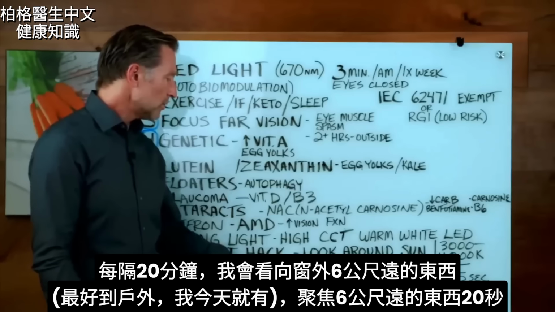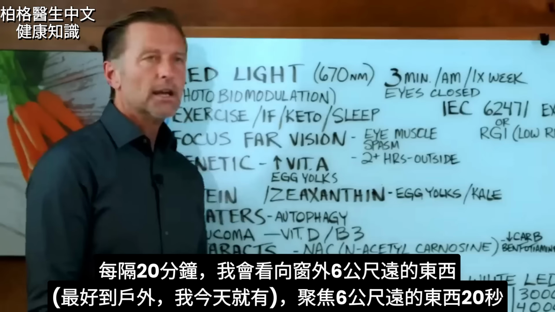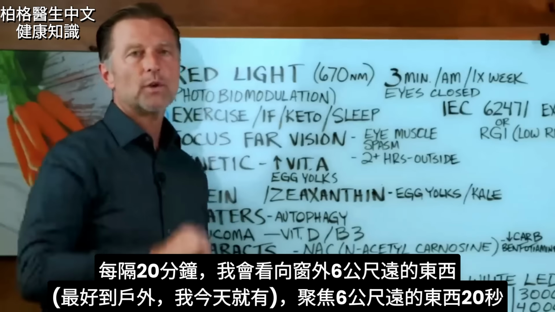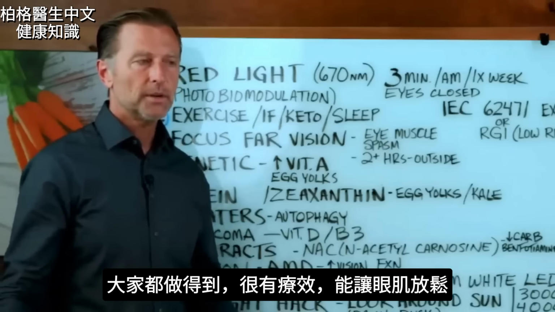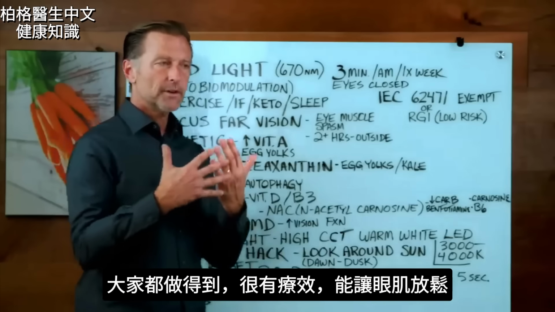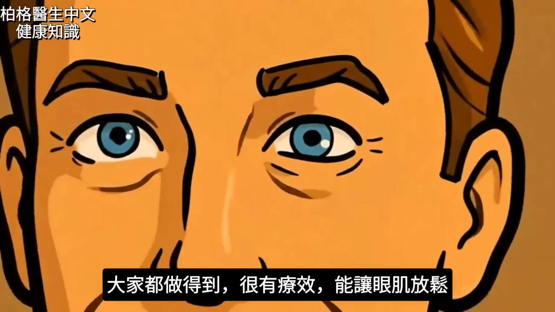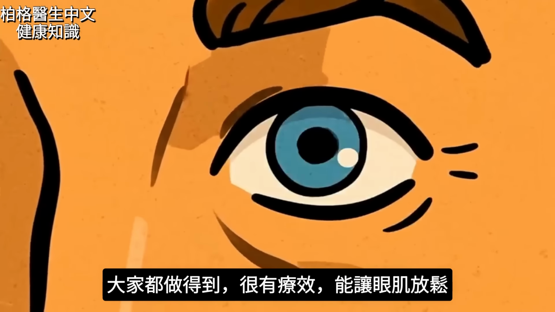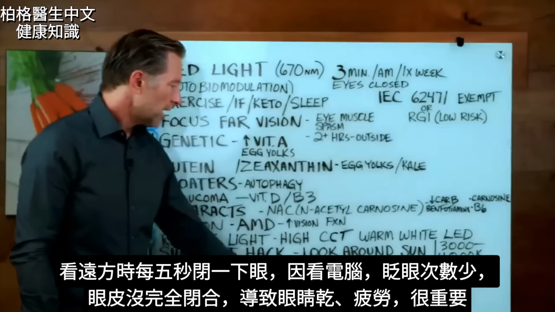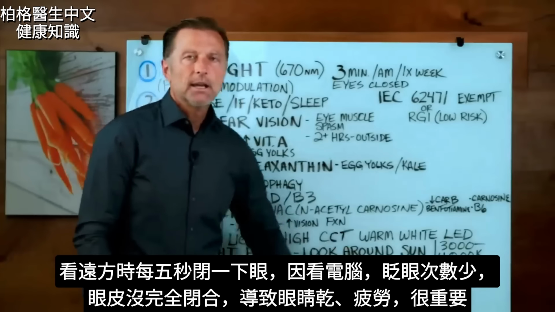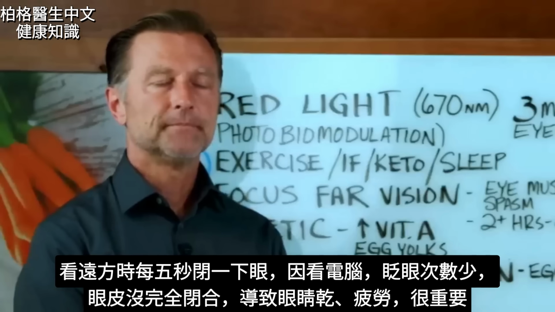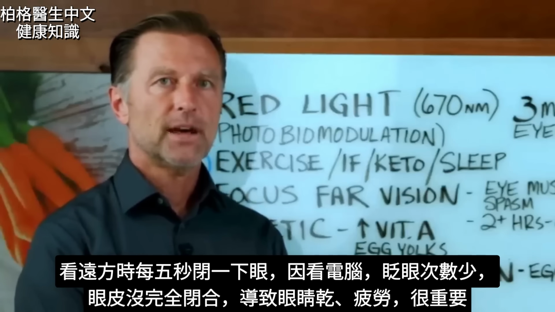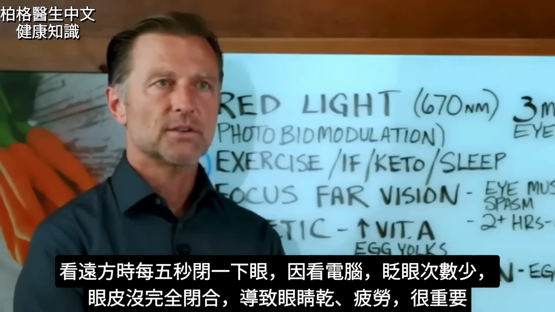And what you do for 20 seconds, you focus on something 20 feet away. Anyone can do that. It's super therapeutic. And it kind of reverses that accommodation cramp that you have in your eye. Now, while you're doing this, for 20 seconds, every 5 seconds, you want to blink as you're focusing.